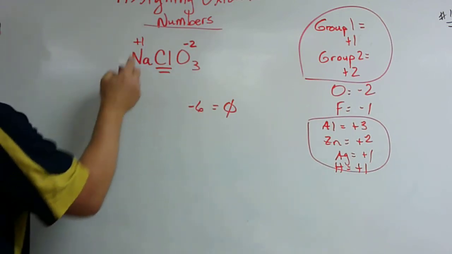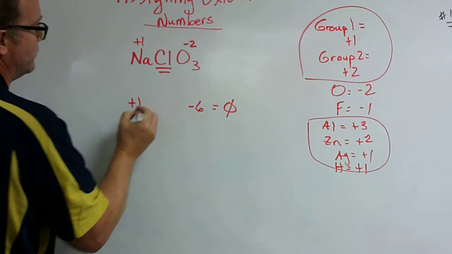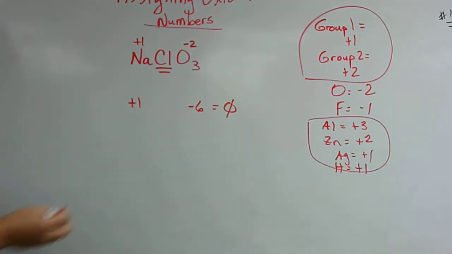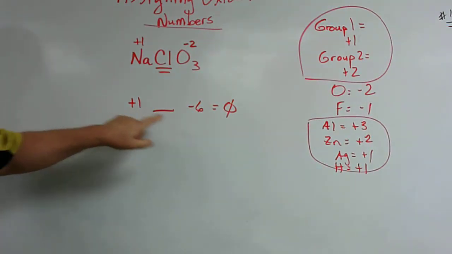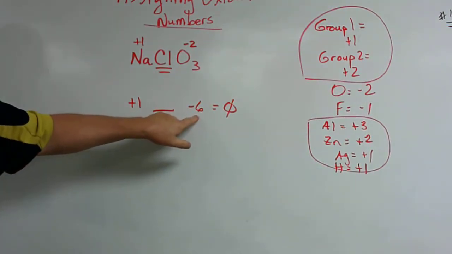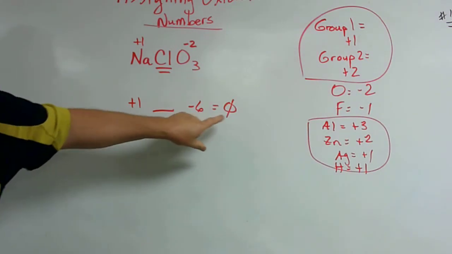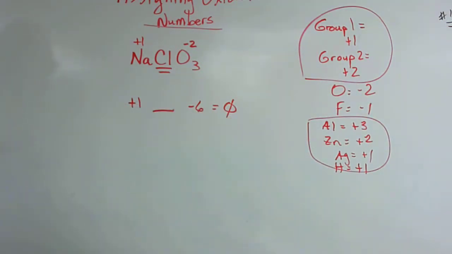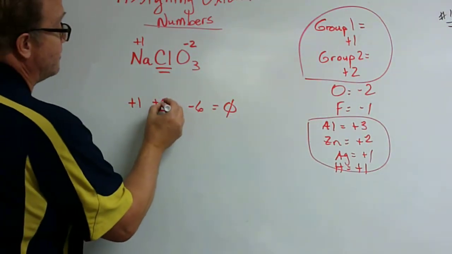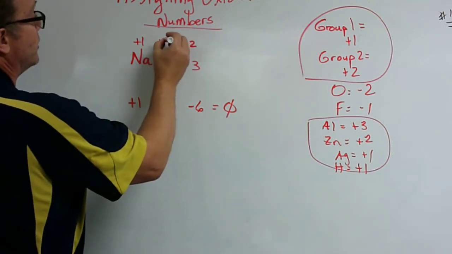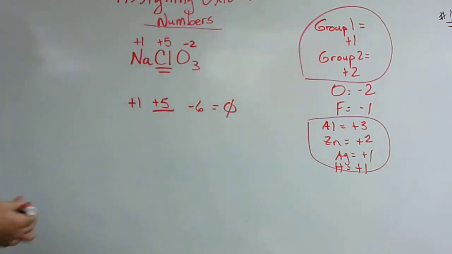We know this one is going to be a positive 1 times 1, which is a positive 1. We have to figure out what's going to make this one correct. That's going to be equal to a negative 5. When I put these two together, I have to make that equal to 0. I'm going to have to add 5. So my chlorine oxidation number is going to be a positive 5.